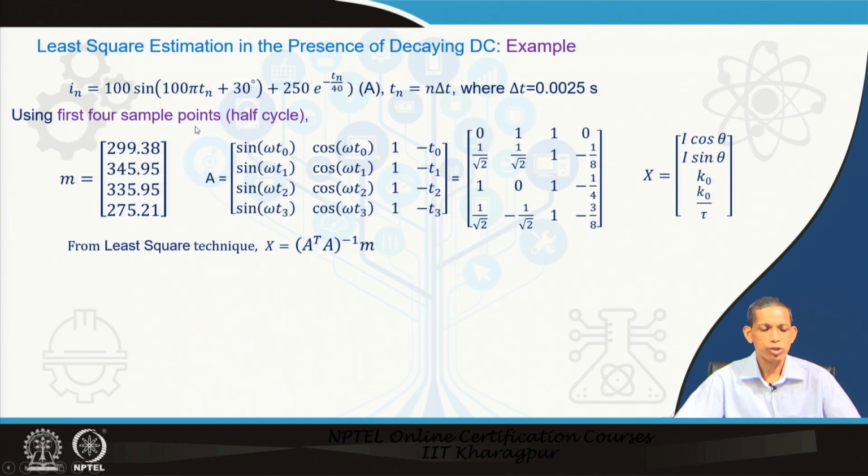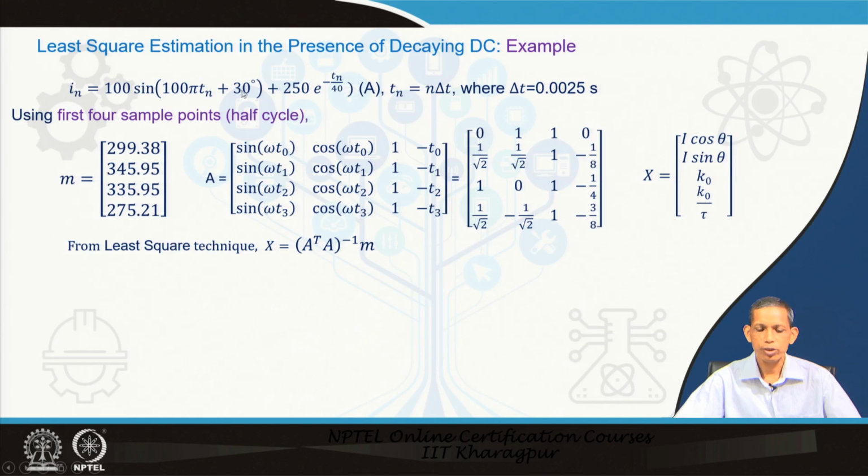So, using the first 4 sample points only, that is the half cycle least square, because we have 4 unknowns, at least we require 4 samples. So we consider the 4 measurements for this signal, and then we construct the A matrix as we have defined, because we say A x equals m. This is the 4 cross 4 matrix for the different timings, and the corresponding measurements we have taken.